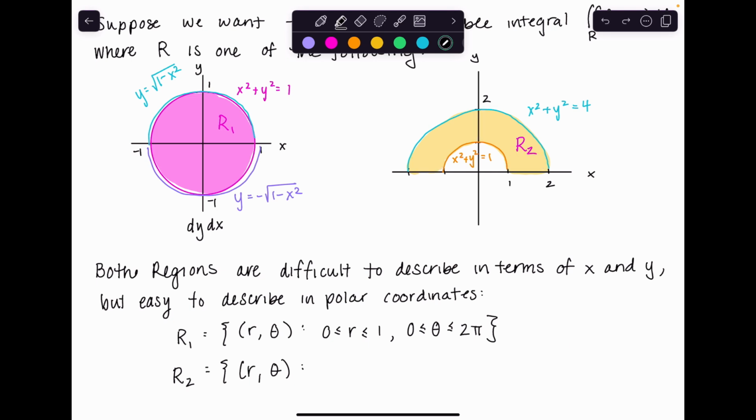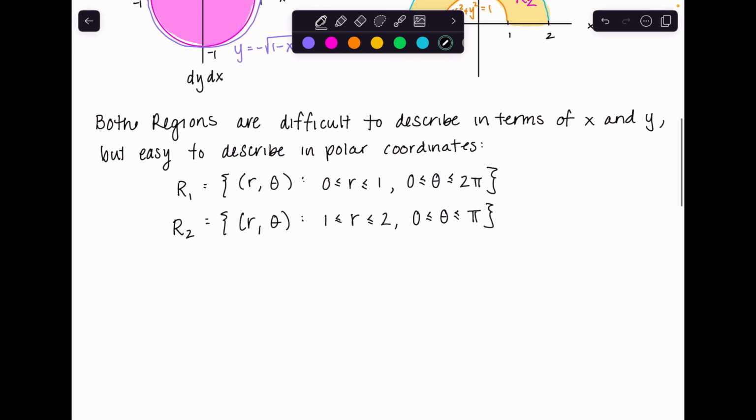You start at the circle of radius 1 and end at the circle of radius 2. And then here, because it's a semicircle, your angle starts at 0 and goes to pi. So theta is trapped between those values. So again, I'm getting constant bounds instead of function bounds.